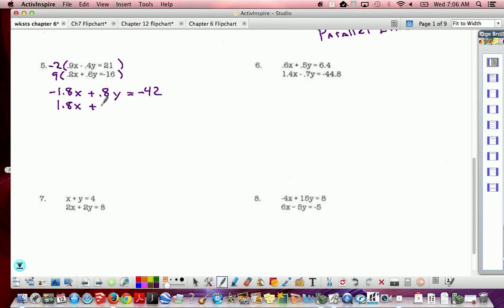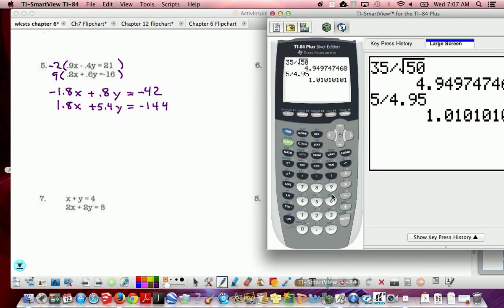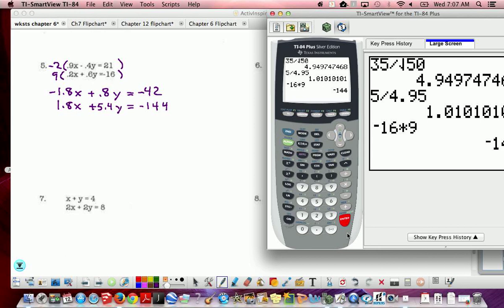Then I have plus 5.4y equals 9 times negative 16, I believe is a negative 144. But just so that we can check, pull up my calculator, negative 16 times 9, yes, negative 144.